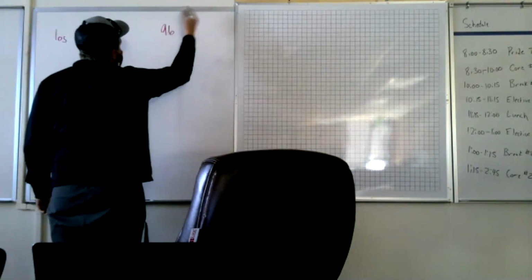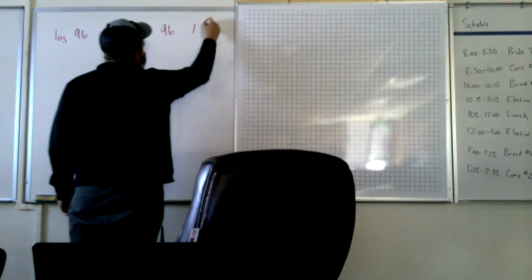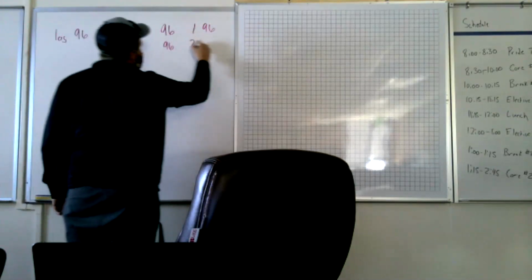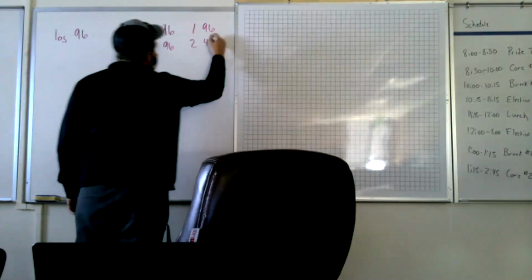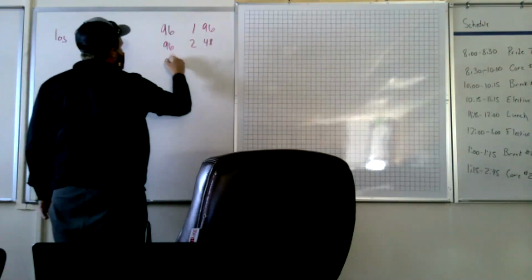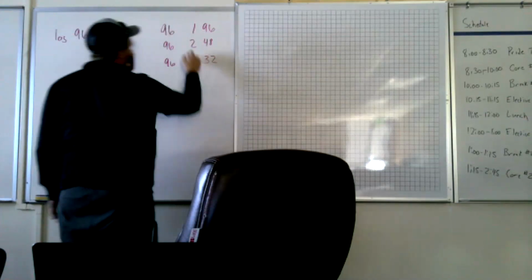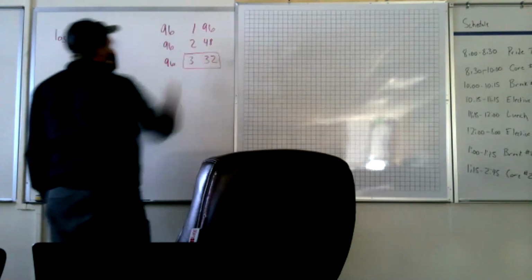Okay, 96 can be broken down into 1 and 96. It can be broken down to 2 and 48. It can be broken down into 3 and 32. I like these numbers, 3 and 32.